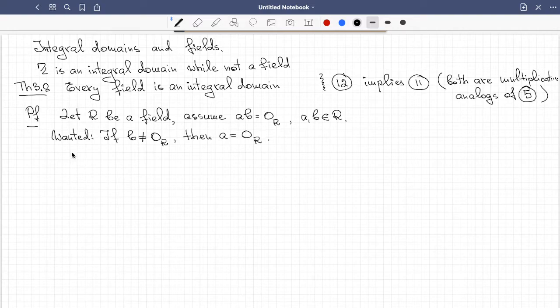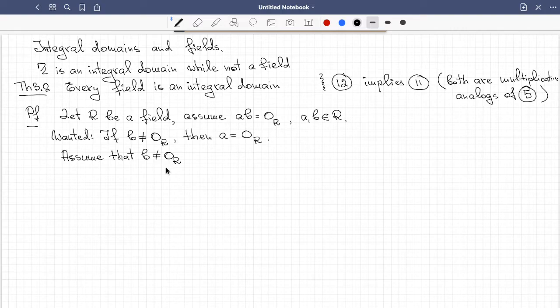I thus assume that B is different from 0, and we'll go on to prove that A is 0.